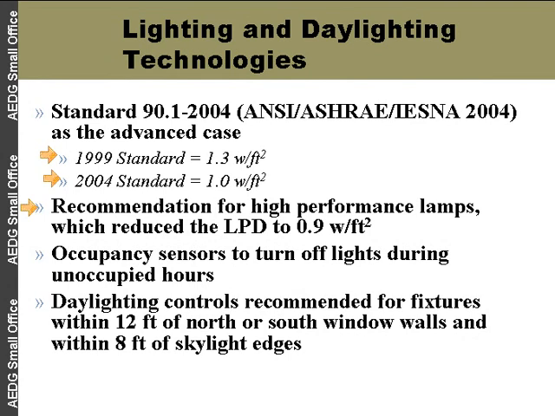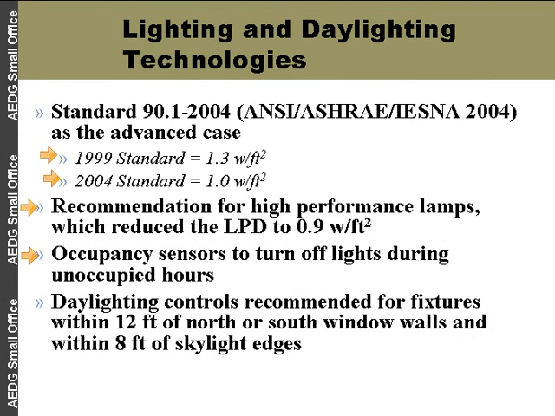So we changed it to what's called a high-performance lamp, which I'll talk about in more detail in just a minute. And that got us down to 0.9 watts per square foot. So yeah, it's only 10% below the 2004 standard, but it gave us that approximately 37% savings versus the 99 standard.